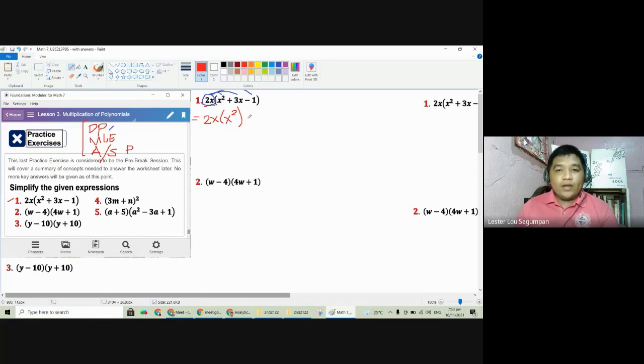Same as that, we are going to use the same process for the second term. The same 2x will be multiplied to the second term in the given trinomial, which is 3x. Notice that I am using parentheses here to denote the process of multiplication.